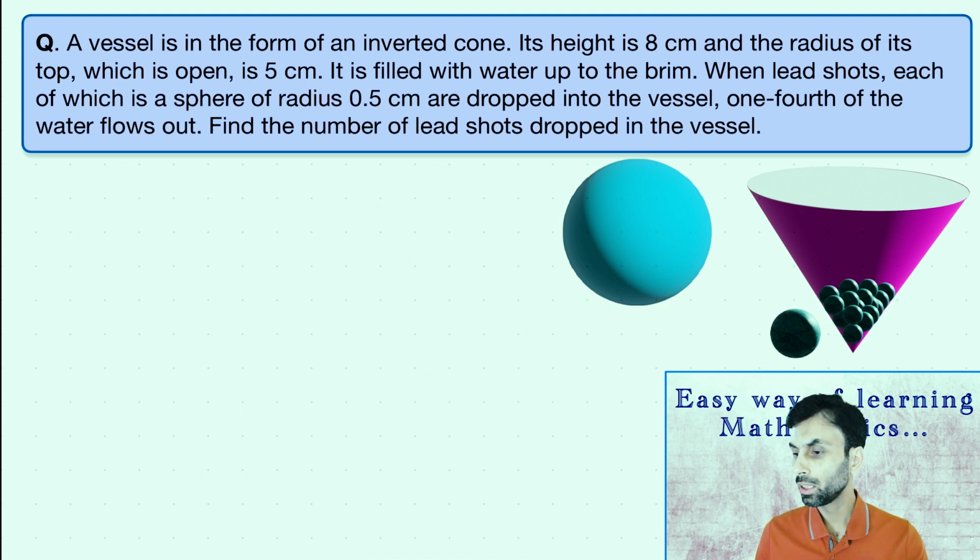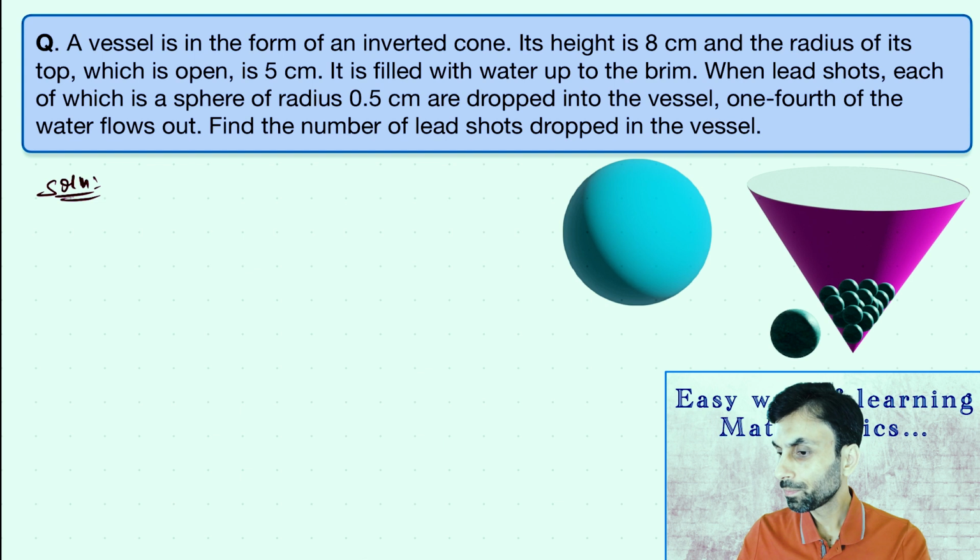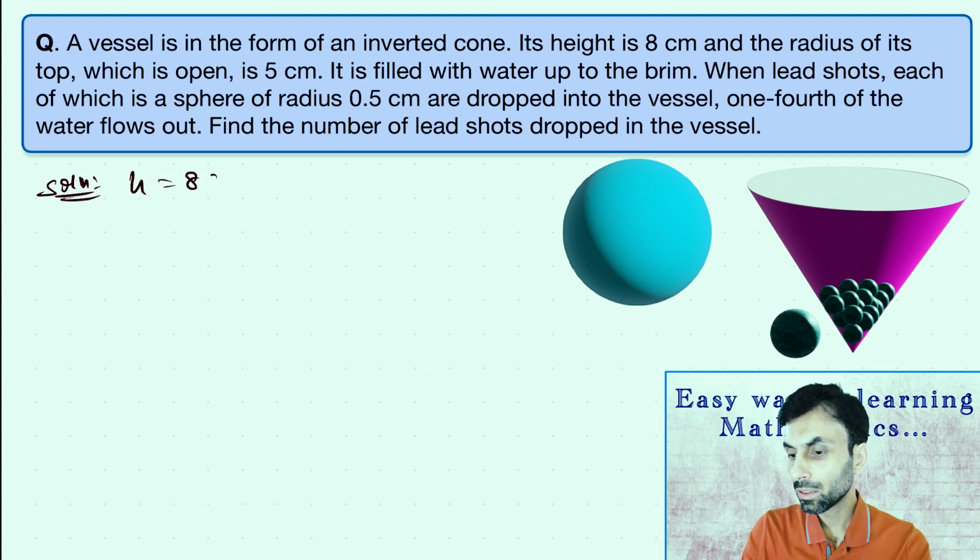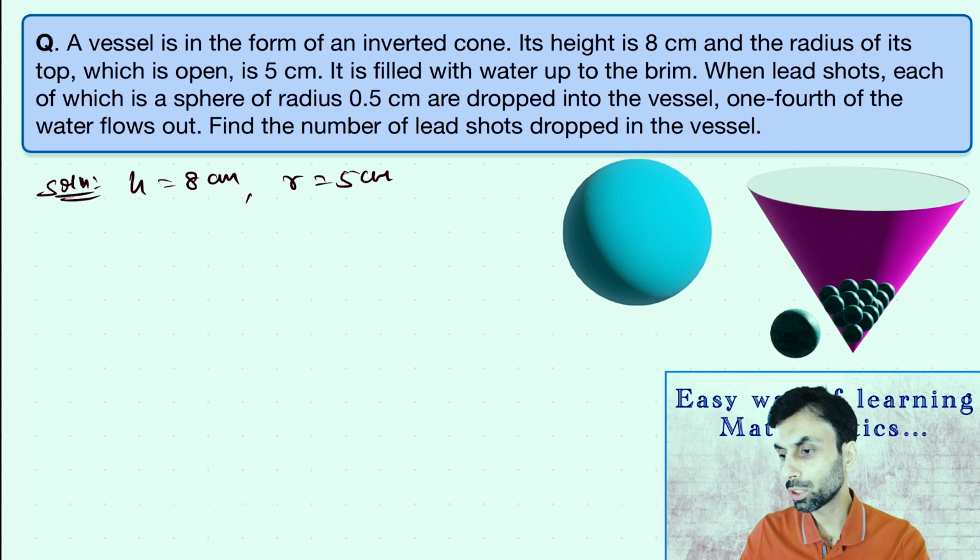So here, the lead shots are in the form of a sphere. It is given that the vessel is in the form of an inverted cone. Its height is 8 cm. So here the height of the cone is 8 cm and the radius of it is 5 cm. It is filled with water up to the brim when lead shots, each of which is a sphere of radius 0.5.